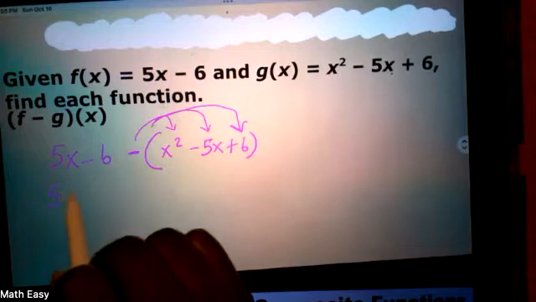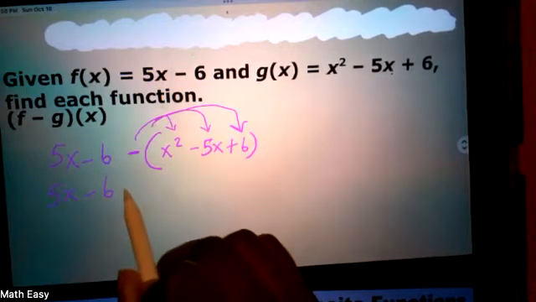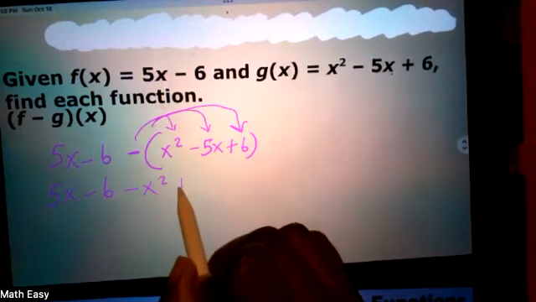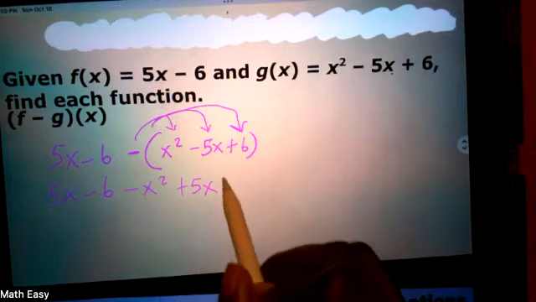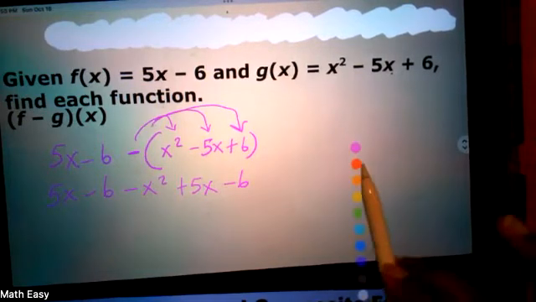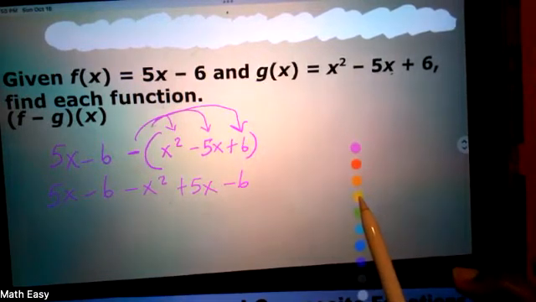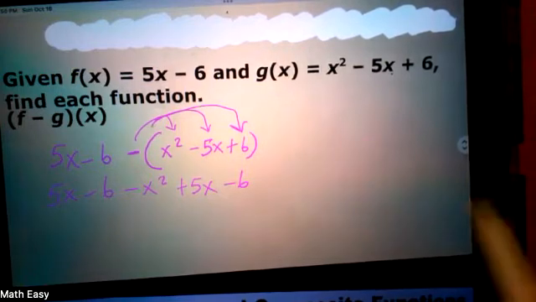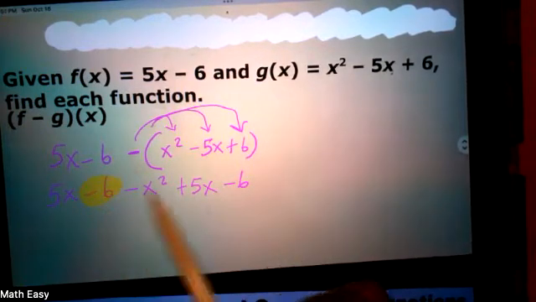So rewrite it: 5x minus 6, minus x squared, plus 5x, and minus 6. Anytime we're doing subtraction, best practice, put it in parentheses, and you will be able to get the correct signs. Combine like terms again.